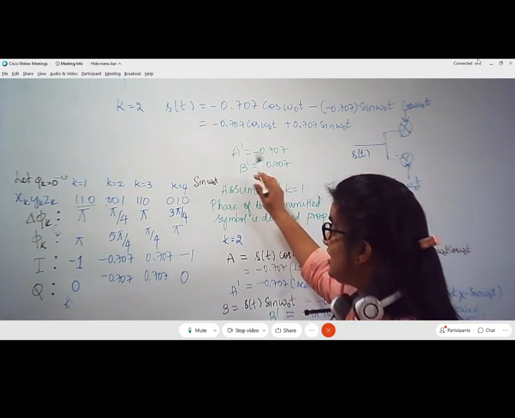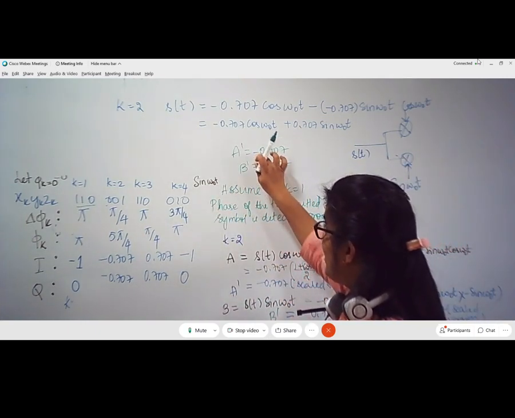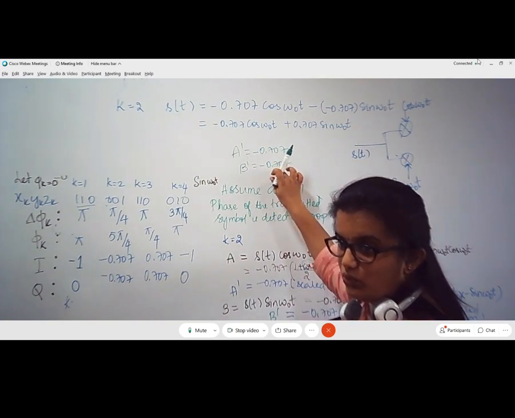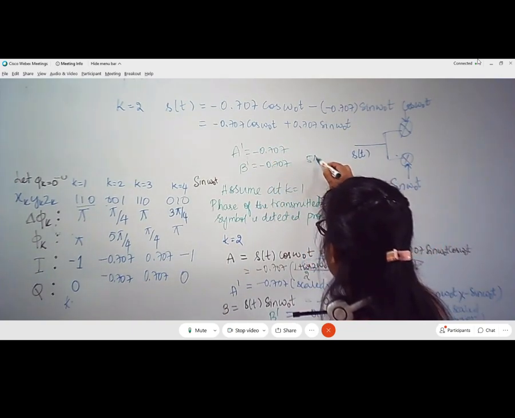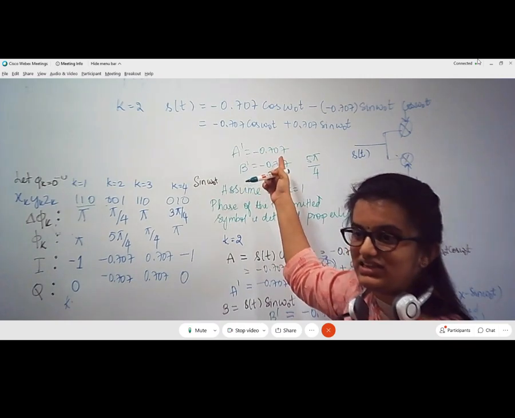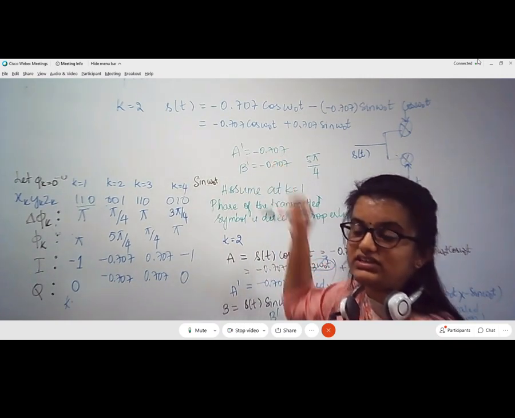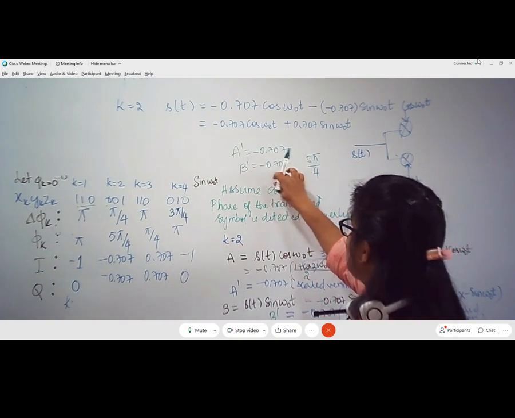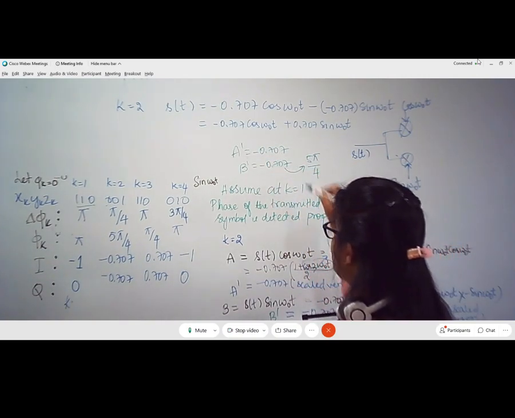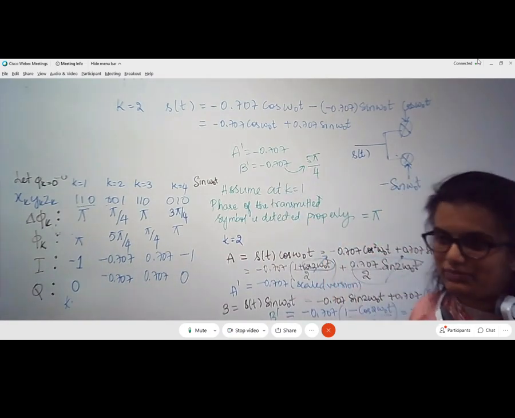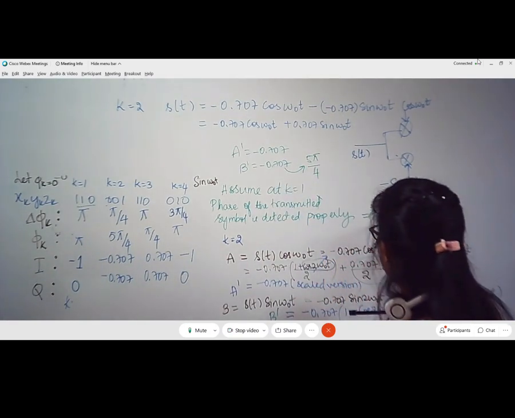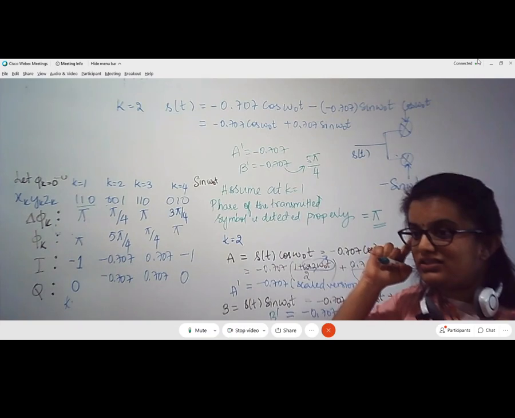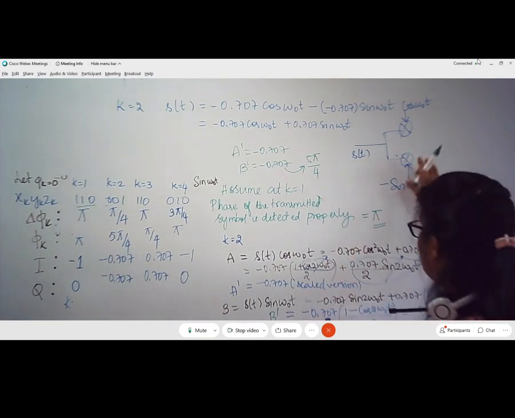Then you can say that the corresponding phase of these two is 5 pi by 4, because it lies in the third quadrant where both the x and y values are negative. So the phase corresponding to this IQ value is 5 pi by 4, and I have already assumed that the pi is identified properly.